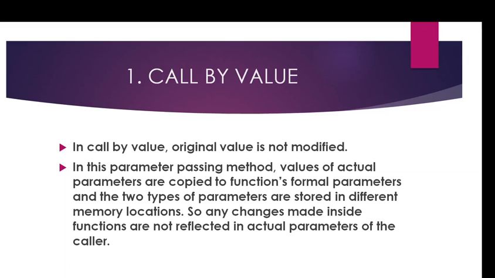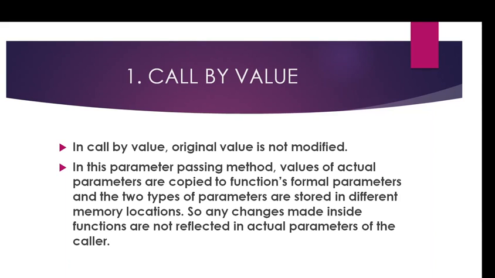In this parameter passing method, values of actual parameters are copied to the function's formal parameters, and the two types of parameters are stored in different memory locations. So any changes made inside functions are not reflected in actual parameters of the caller.